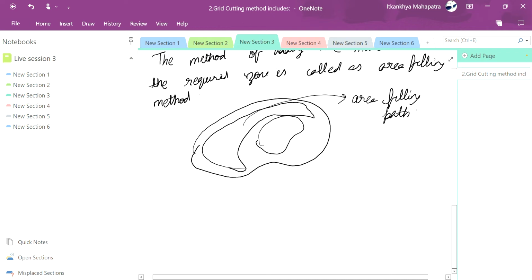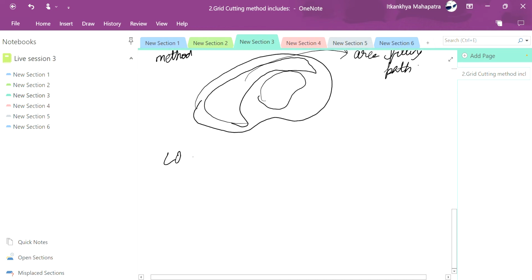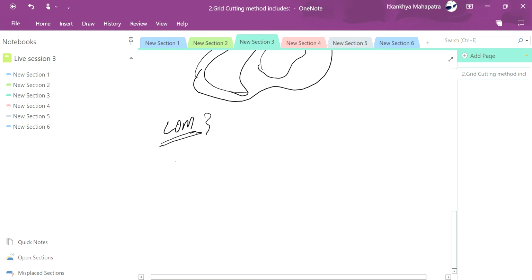Now, suppose let us take an example of a method such as laminated object manufacturing. In this method, what happens? Raw materials are in the form of sheets. Please understand all this because it's very conceptual.